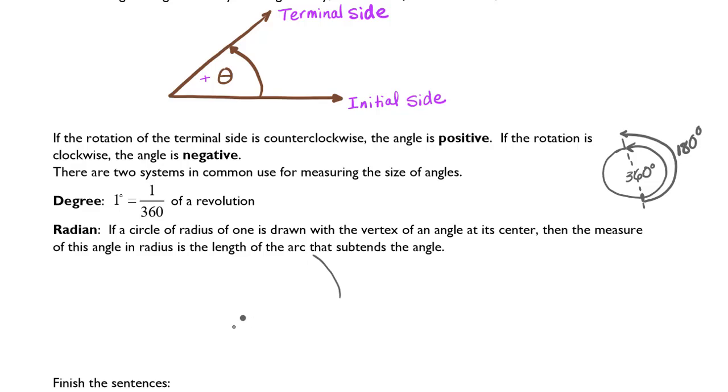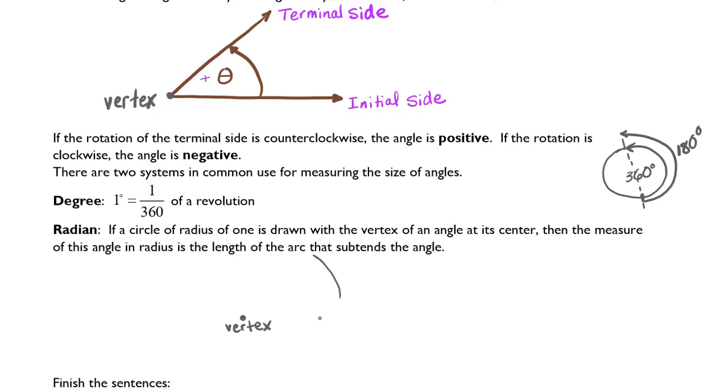So if we call this the center, or vertex, and actually the vertex up here would be where the 2 rays intersect each other. So in this case, the vertex is the center of the circle.